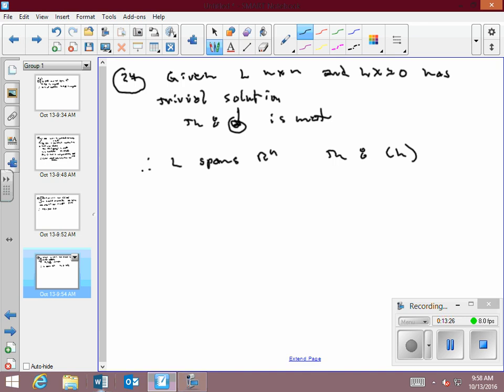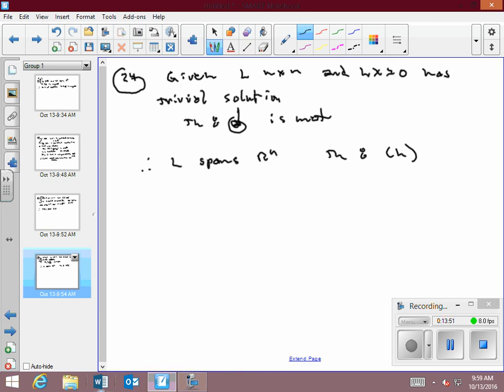Well, if it doesn't have a turning point, I always say turning point. What is it? Pivot point. If it doesn't have a pivot point when you try to reduce it, then the homogeneous equation will not have a trivial solution.